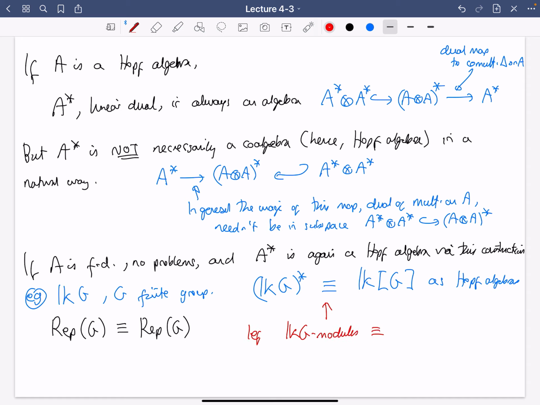So this is left KG modules and right K of G comodules. They turn out to be the same data, so these are isomorphic categories. And so in the case of a finite group, which is also an algebraic group, the notation rep G is just the same tensor category in both cases.